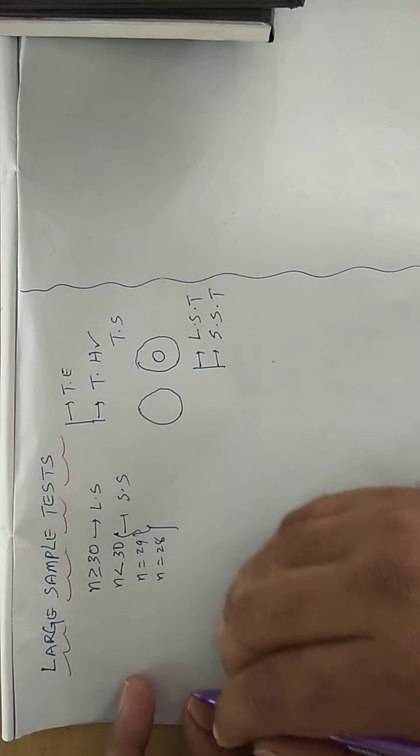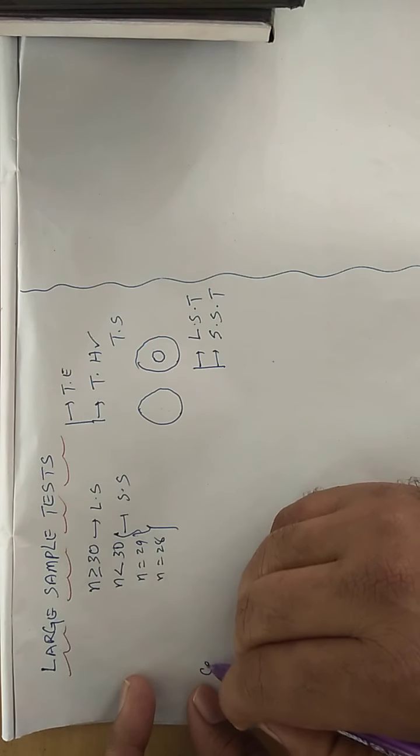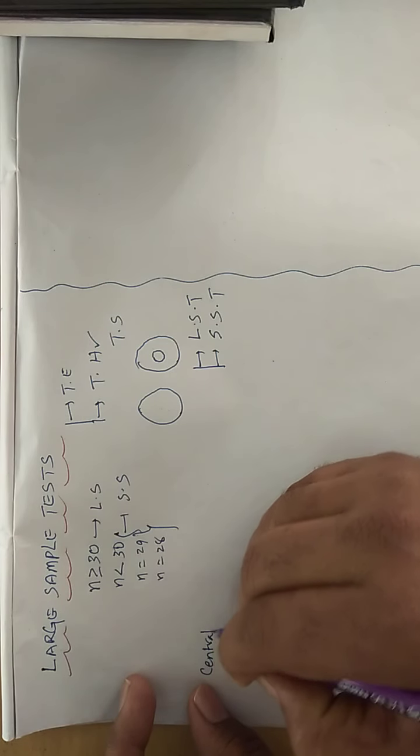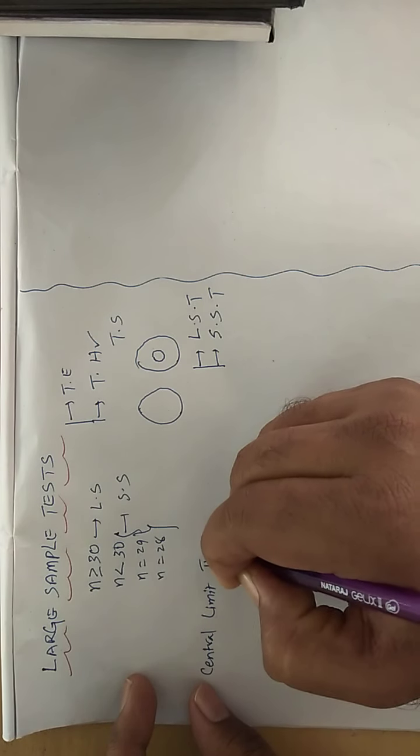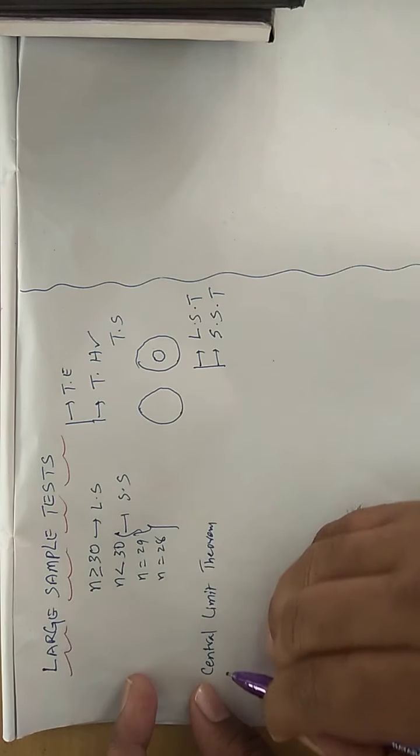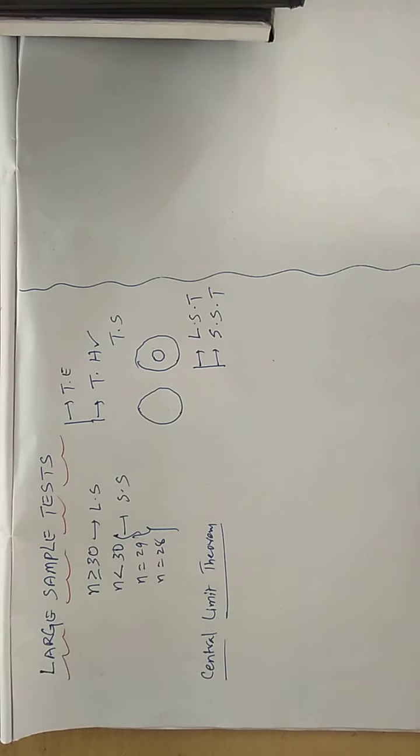I already told you that because of the central limit theorem, which is a very, very important theorem in statistics, whenever the sample size is larger, it is going to resemble the entire population.